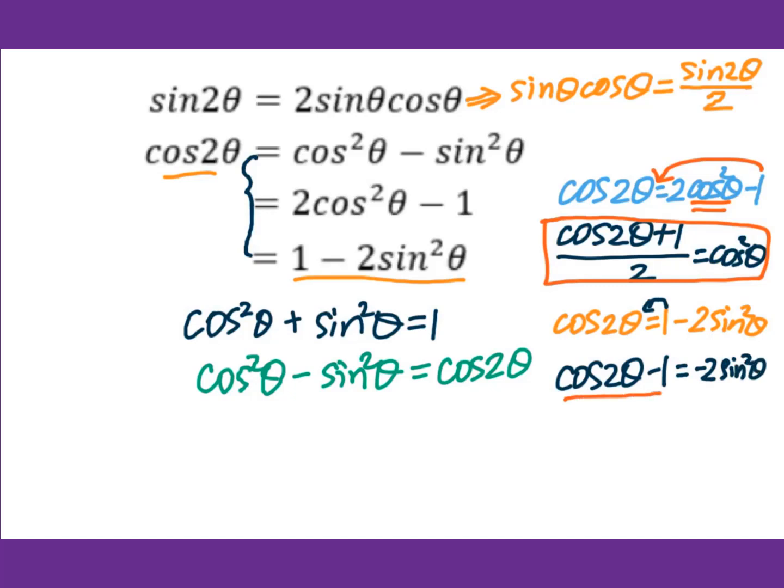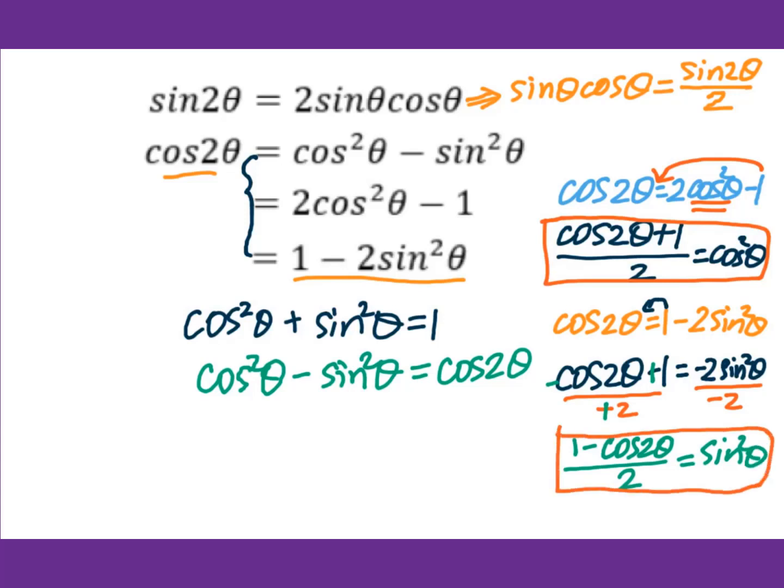Then you divide by negative 2, which changes the sign. I get 1 minus cosine 2 theta over 2 equals sine squared theta. Try to remember this, so that when you simplify trig functions by double angle identity, it's very useful.